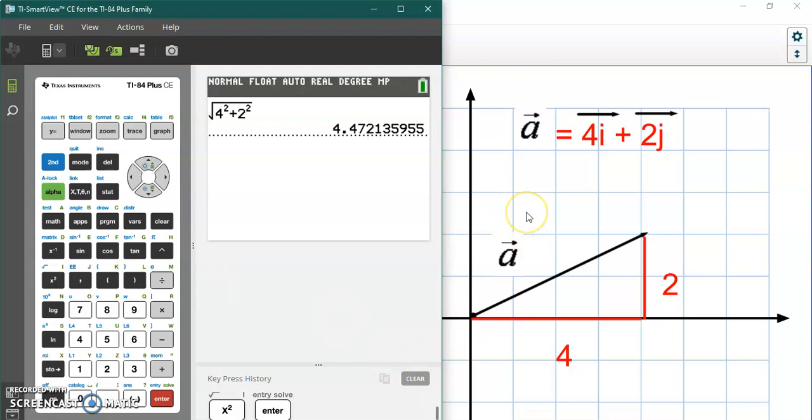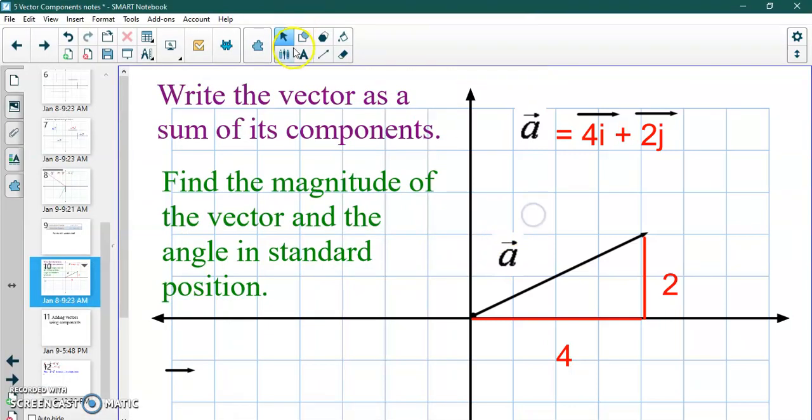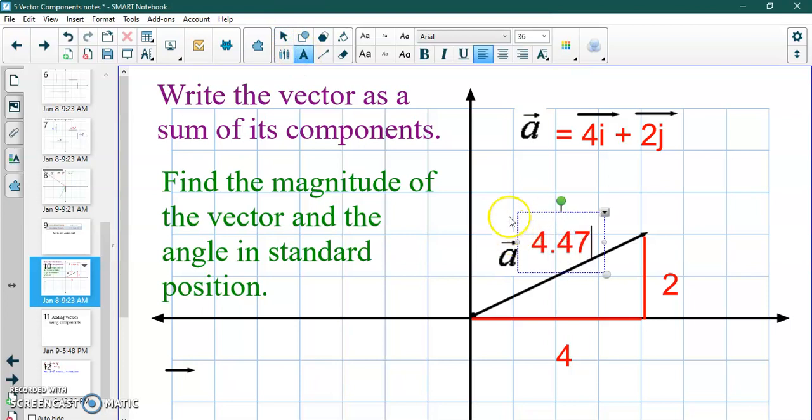We get 4.47 if we were to use a decimal, or we could simplify our radical. Okay, so there's our magnitude. Remember the way we would write the magnitude of a vector, it's the same as absolute value, so we would put our absolute value lines around that vector there.